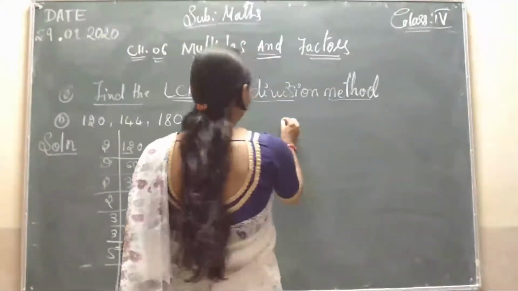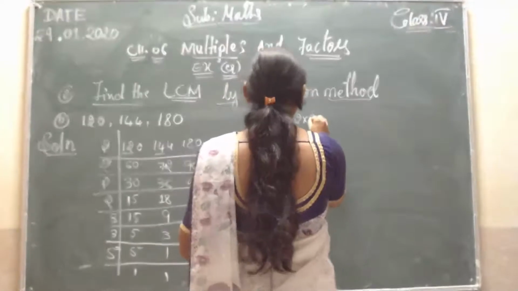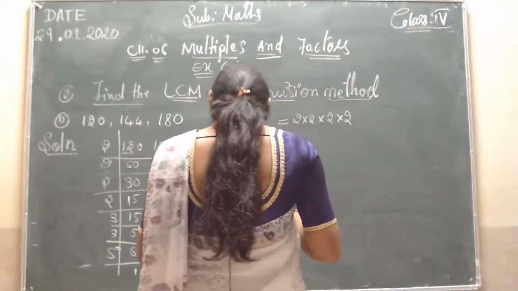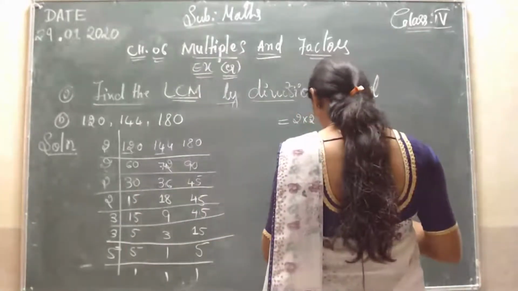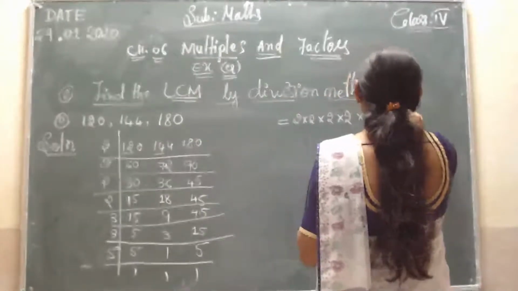Students, see now, this is equal to, the 2 is how many times multiplied? That is 4 times. So next 3, students, 3 is multiplied 2 times. Last one.